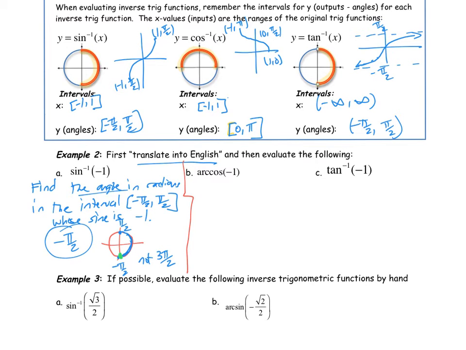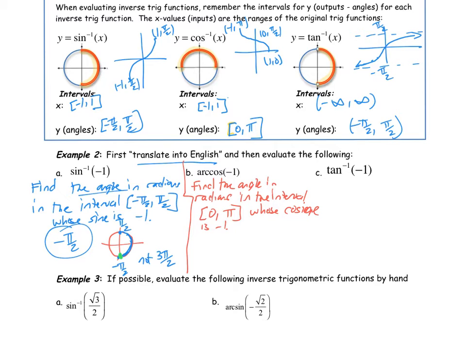Okay, cosine inverse of -1. So that's asking us to find the angle in radians in the interval 0 to π, whose cosine is -1.